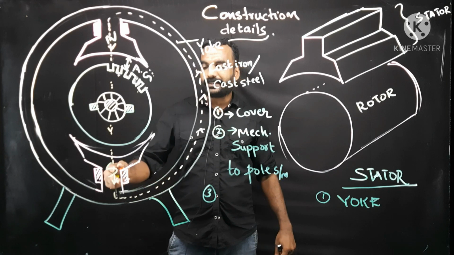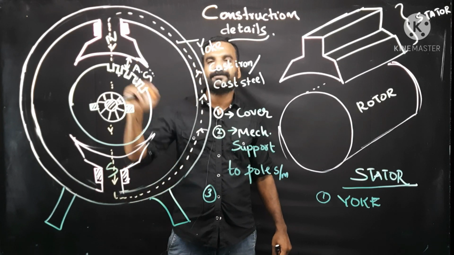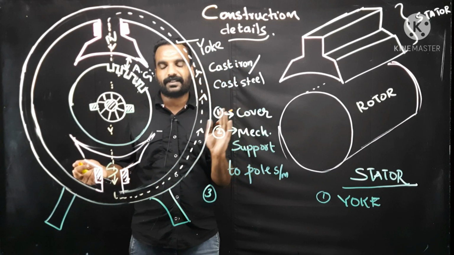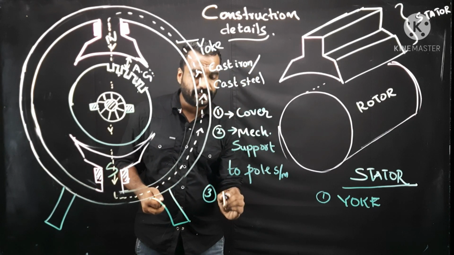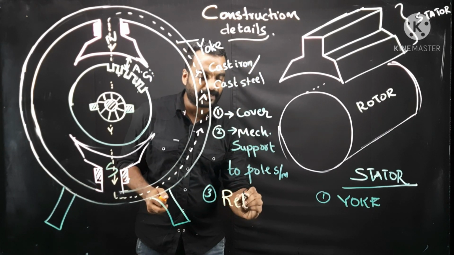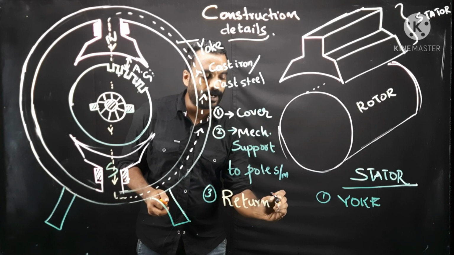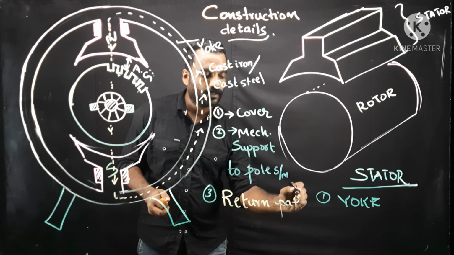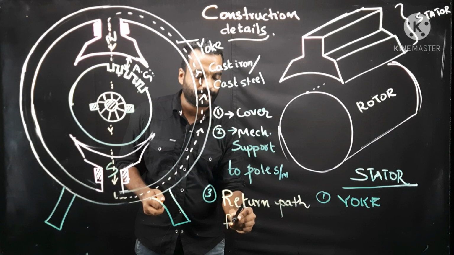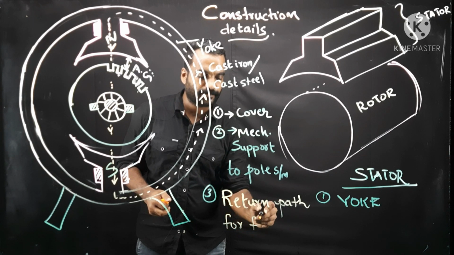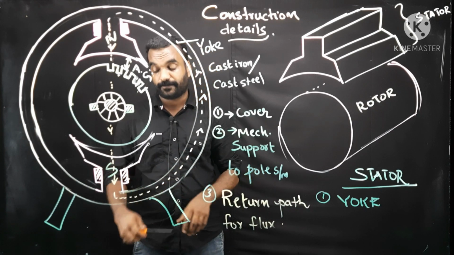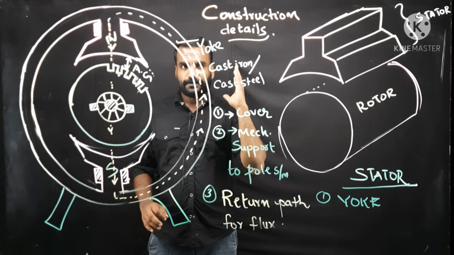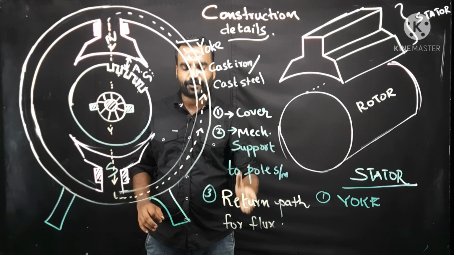The return path is provided by the yoke. If the yoke is not there, the return is not possible. So the third point is that it provides a return path for flux. So, material and three functions.